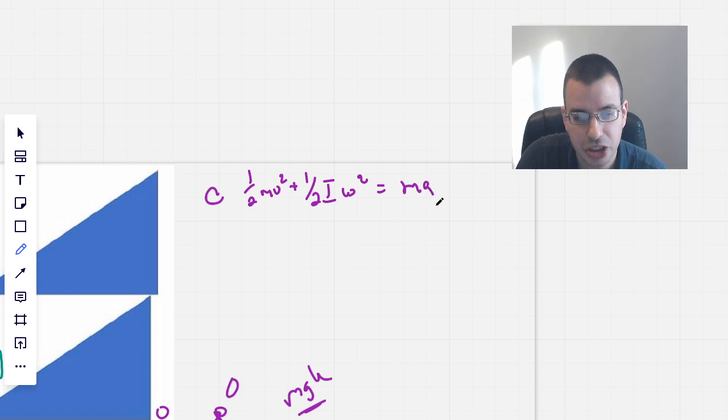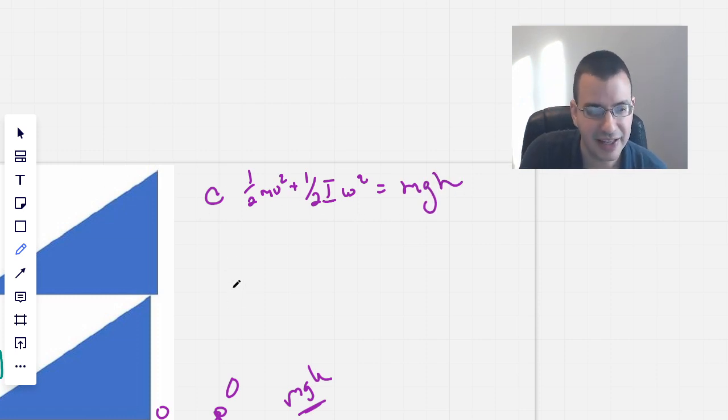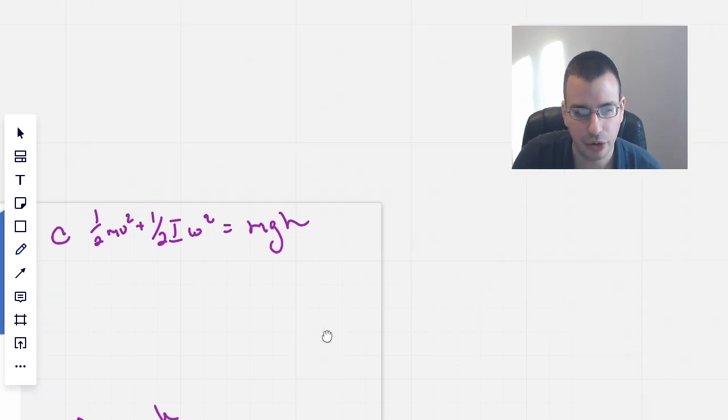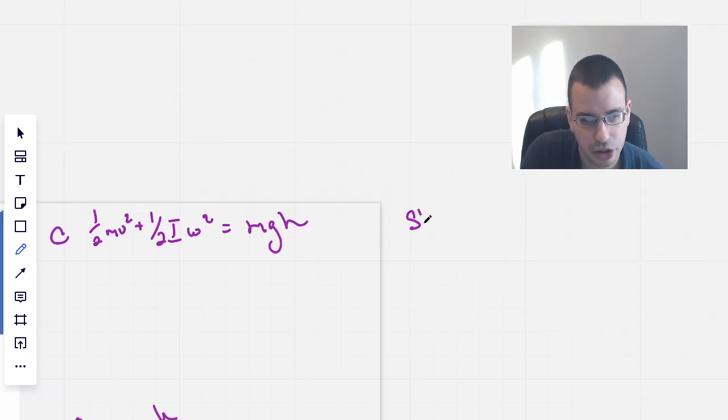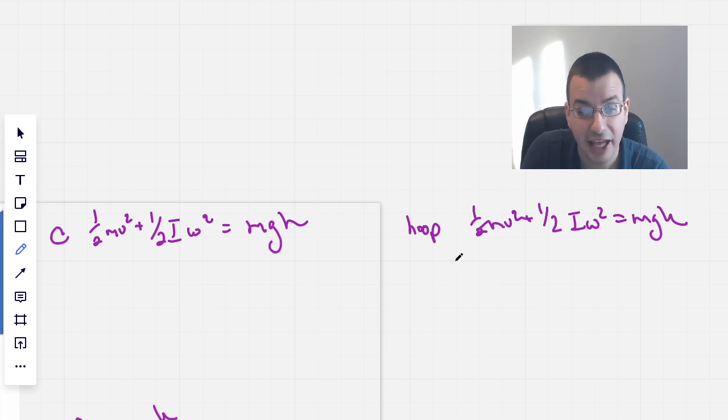So mgh, okay? This is for the cylinder, and I'm going to do the shell one right over here. I'll call it the hoop. The hoop: 1/2 mv squared plus 1/2 I omega squared equals mgh. Okay, sounds good.